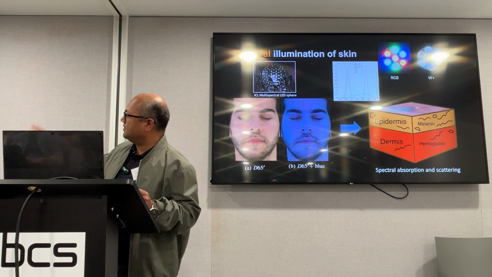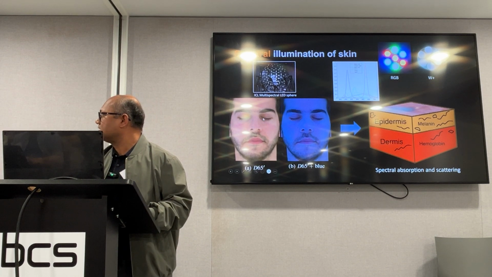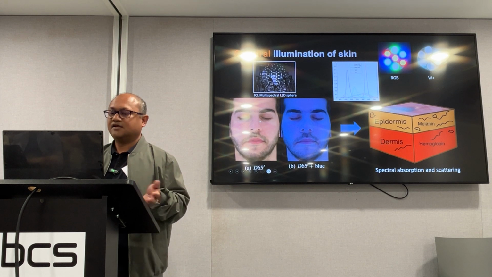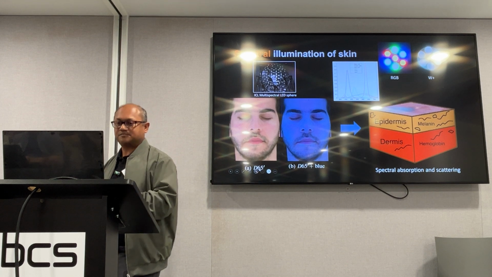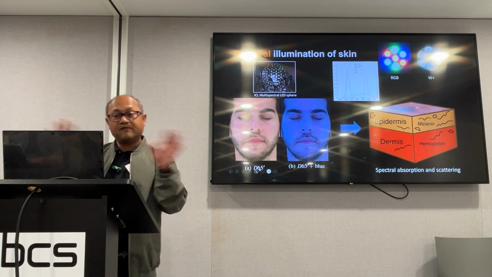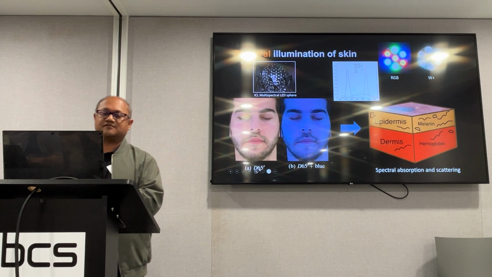And what we then, after a bit of work, settled on is one very nice broadband white lighting condition, which is actually a metamer for D65 daylight spectrum, which is a very good lighting condition, irrespective of whatever you use it for measuring human faces.